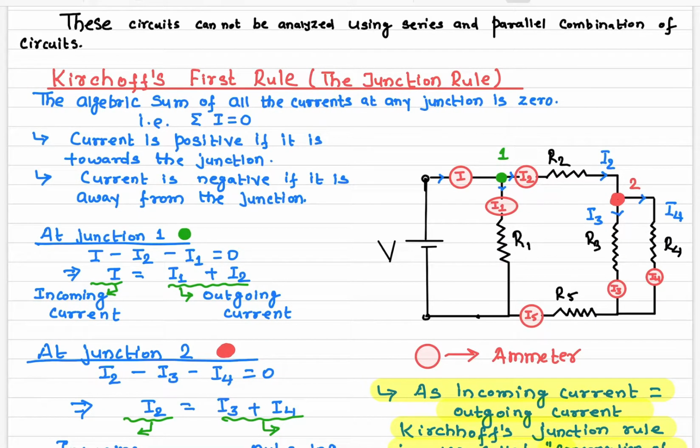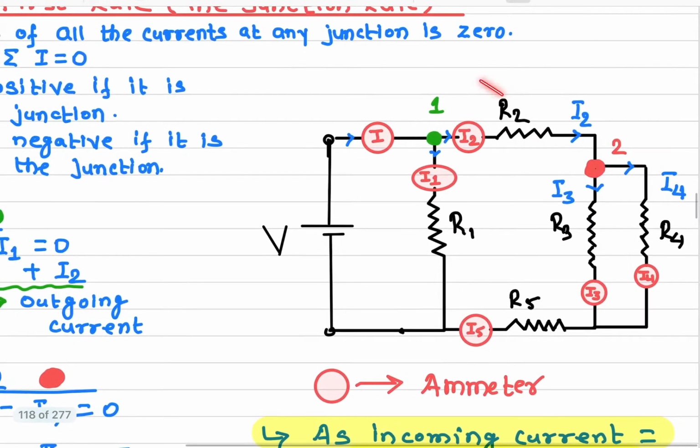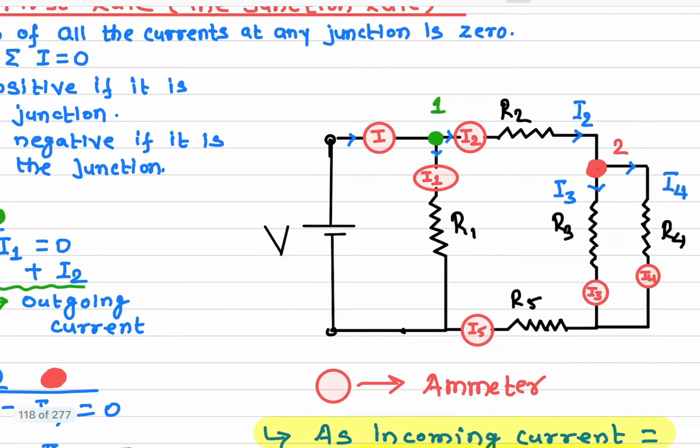So now let's talk about what Kirchhoff's rule is. There are two rules. The first rule is called the junction rule. The junction rule says the sum of all currents at any junction is zero. That means if I look at this junction here in this circuit, the total current at this junction is zero. What does it mean?